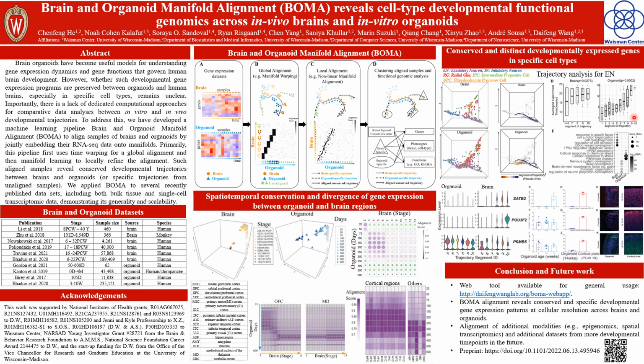We then identified the differentially expressed genes for both the organoid and the brain. We found that organoid genes were aligned to some specific pathways, for example, the cell stress pathways.